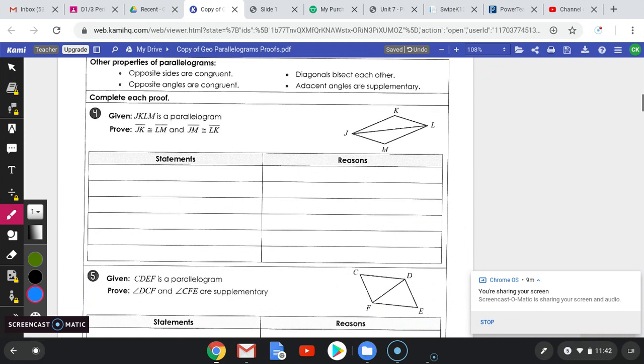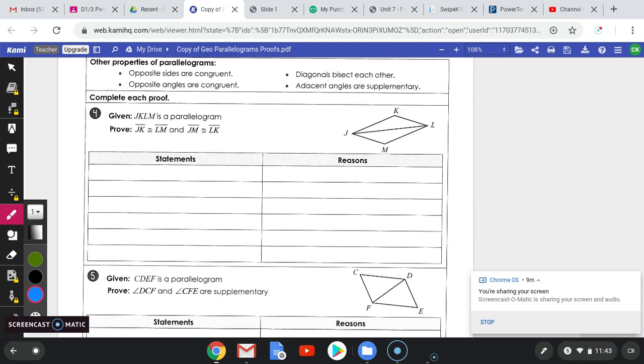Well, now, what happens if I told you you're given a parallelogram and then you have to prove that some sides or angles are congruent? So if I look at number 4 here, it says given JKLM is a parallelogram, prove that JK and LM are congruent, and JM and LK are congruent.